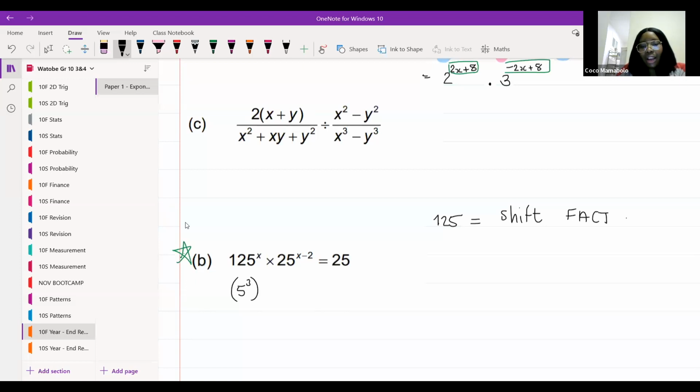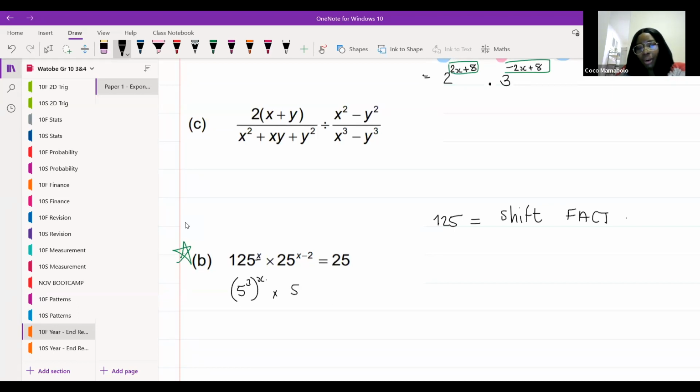But remember, on the outside, there's already an x, right? Yes, ma'am. Multiplied by, how else can we write 25? We wanted to have a base. What's that going to be? 5. It's going to be 5 to the power of 5. Ooh, no, not 5 to the power of 5. Oh, to the power of 4, I think. Let me check. Do 25 shift fact. 5 to the power of 2, ma'am.